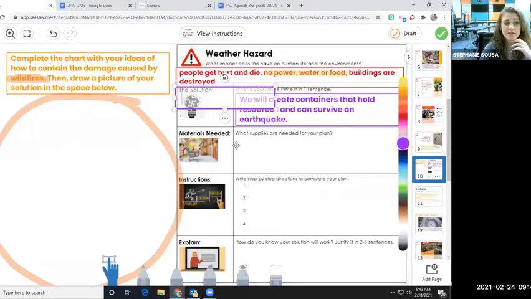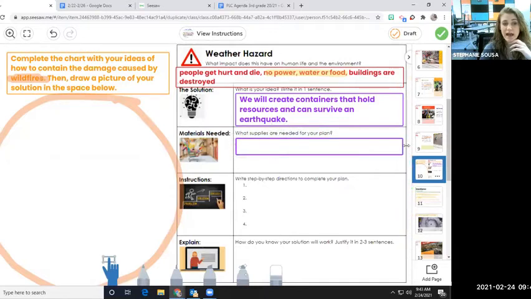So what supplies are needed for your plans? Okay, we're going to need to gather the resources that people need.